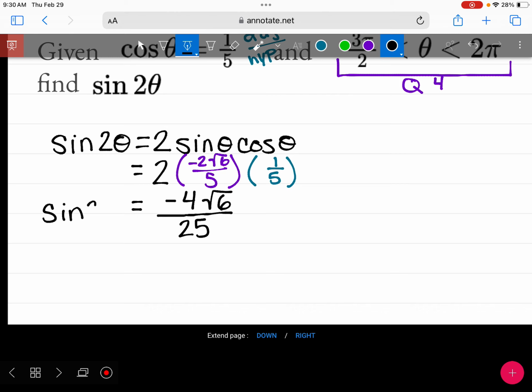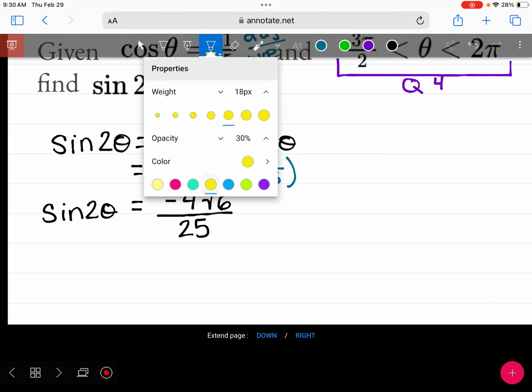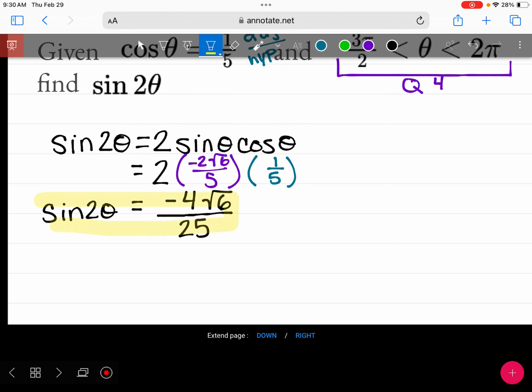So our sine of 2 theta equals that. Was that I understand or I don't understand? I couldn't tell.